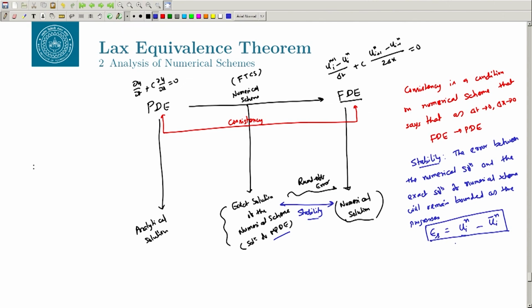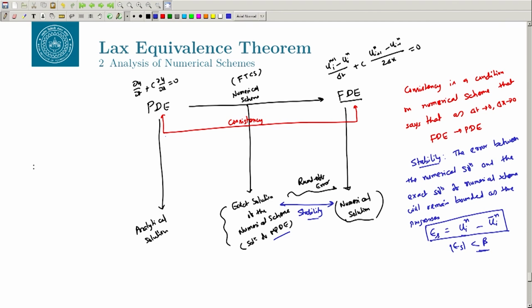So, you can define that epsilon s has to be less than some factor, let us say call it beta, at any given time, where beta is a very large number. So, the error between your numerical solution and the exact solution of a numerical scheme will remain bounded, and it has got nothing to do with PDE because PDE does not come into picture here in stability.